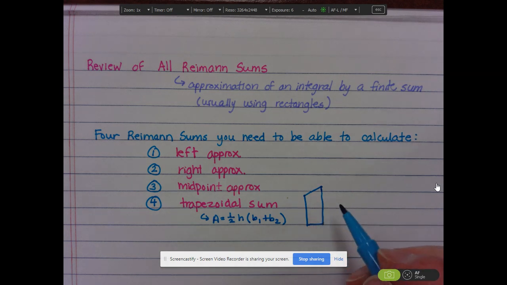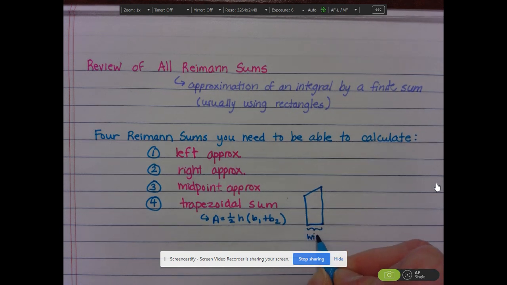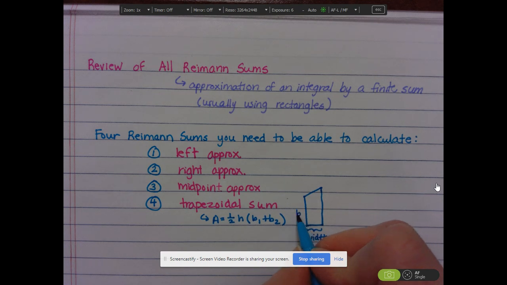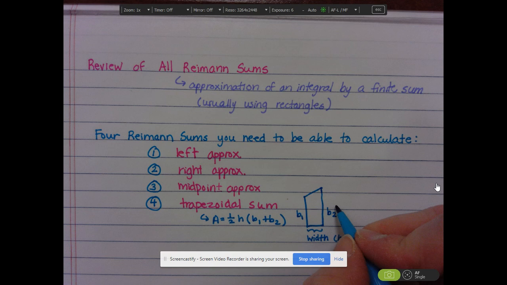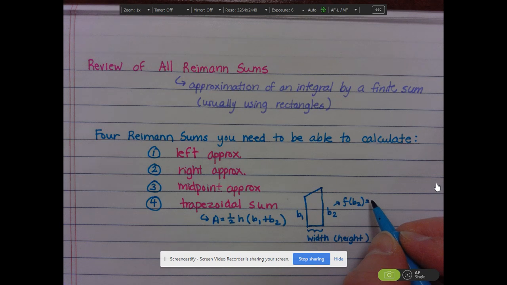In regards to what it would look like on a graph, this right here would still be my width, but this time it's going to be the height of your trapezoid. And these values, the B1 and B2, or for our purposes, f of B2, represents that value as essentially our sum of our bases.